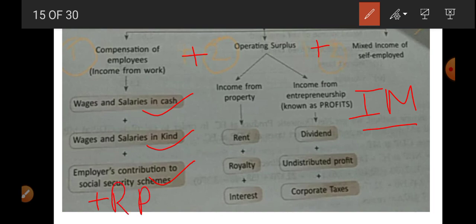Okay, now operating surplus: income from property, rent, royalty, interest, and income from entrepreneurship, yani profit. So profit includes dividend as distributed profit and corporate tax, and mixed income. So this is the complete concept when you are using the income method.